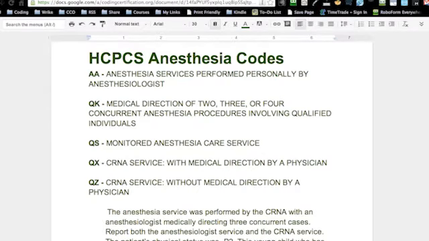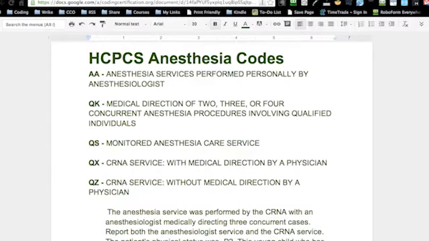Okay, so a QK. This applies to the anesthesiologist again. He's medically directing 2, 3, or 4 concurrent anesthesia procedures involving qualified individuals, meaning a CRNA. That means he's there at the facility, and there are several procedures going on.